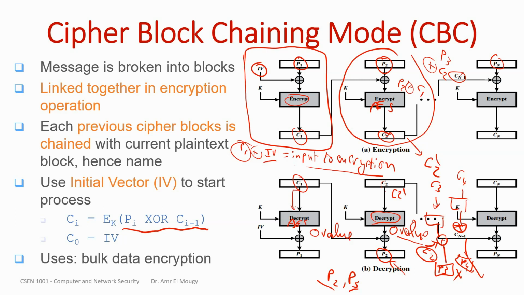So an error that occurs in CBC affects the current step and the step after it, but does not propagate any further. So again, the error in CBC affects the current step and the step after it, but not any subsequent stages. This is its main problem.